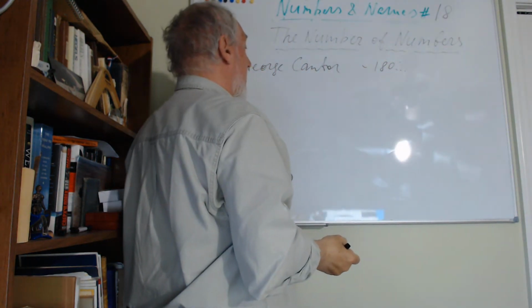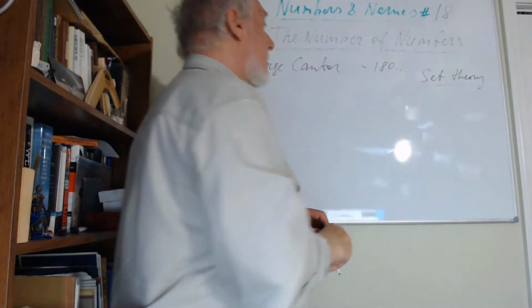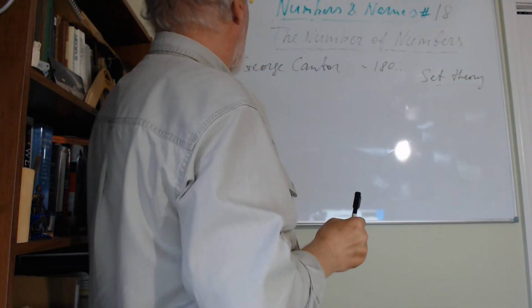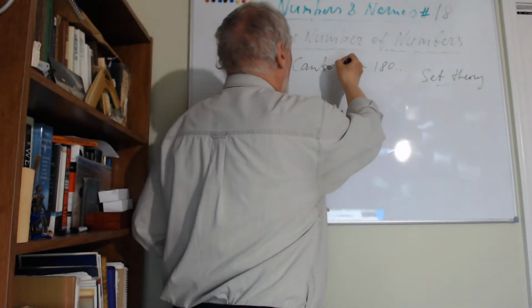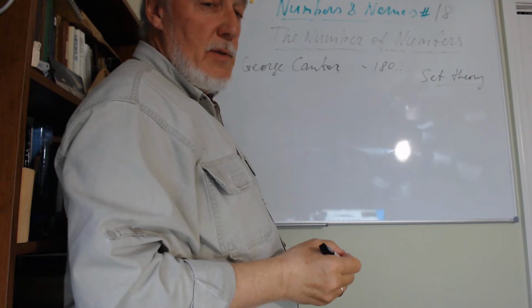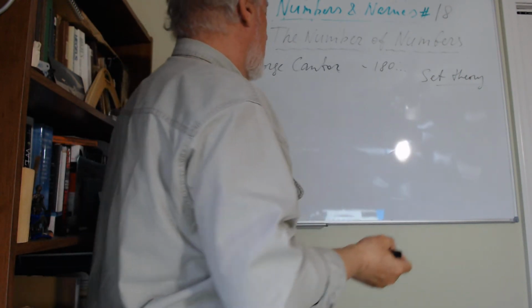In the late 1800s, he discovered a theory which is called set theory, or theory of sets. And one of the things there, he proved some interesting theorem about these irrational numbers.